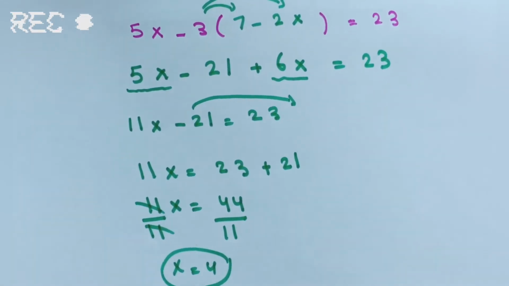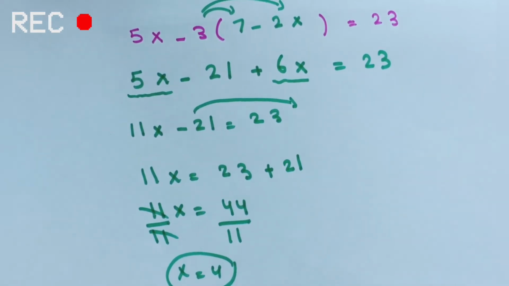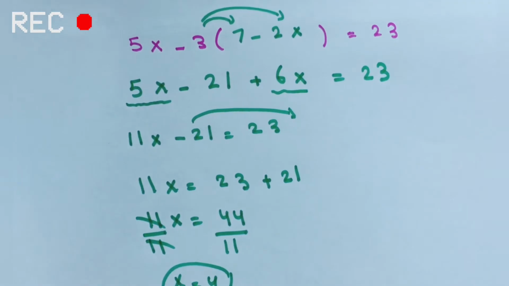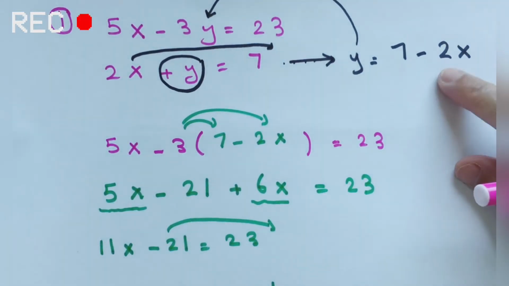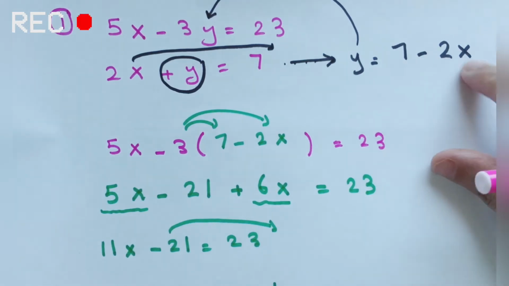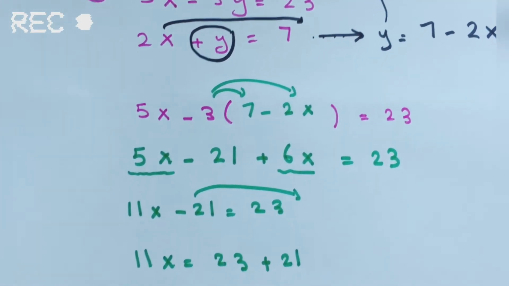Now the third step: after I found x, I have to find the y. How do I find the y? I'm going to go back to this equation, y equals 7 minus 2x. I'm going to substitute 4 instead of x, the number that I just found.